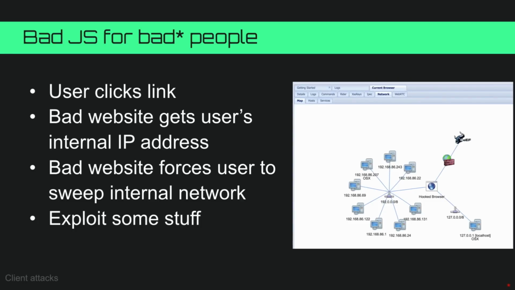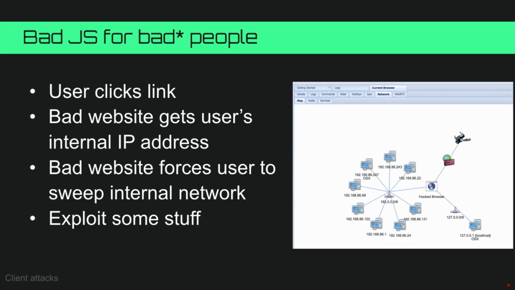One of the common patterns you'd see from using browser exploitation is something similar to this. A user clicks a link, and a bad website with malicious JavaScript can get the person's internal IP address using technology such as Web Real-Time Communications. Then, using that information, it can perform a network sweep to find available hosts near that computer, and then find open ports on those servers, with some limitations.